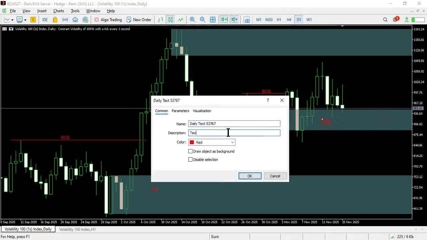So we are going to see what price is going to do at this order block.